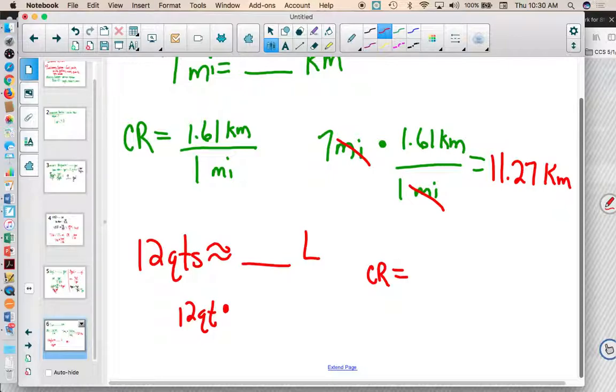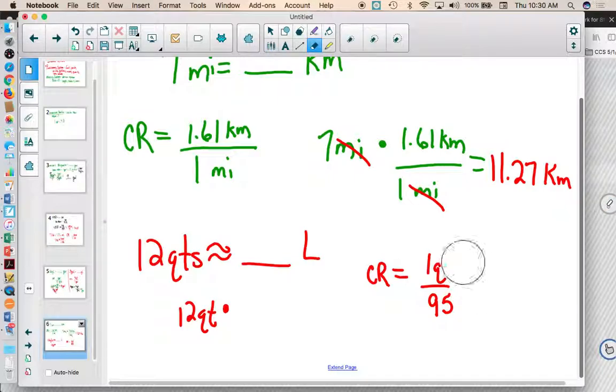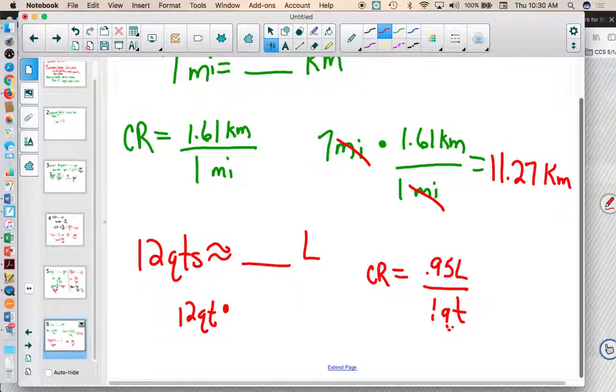I want liters left, so isn't that what that says? 95 hundredths liters equals 1 quart? These two are going to cancel, aren't they? So 1 quart equals how many liters?